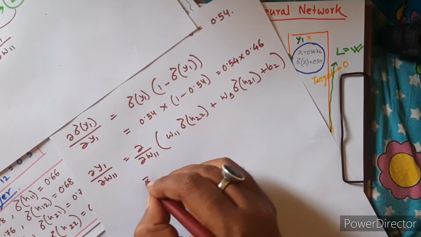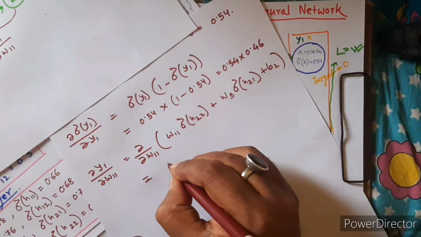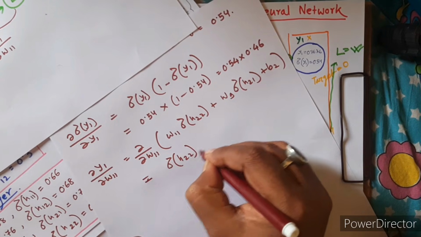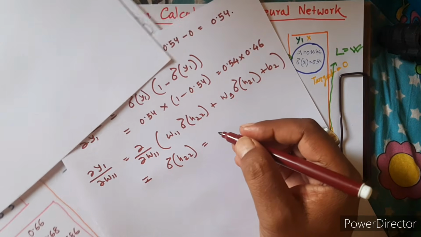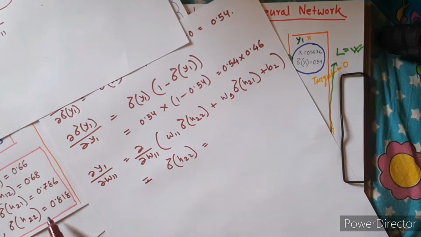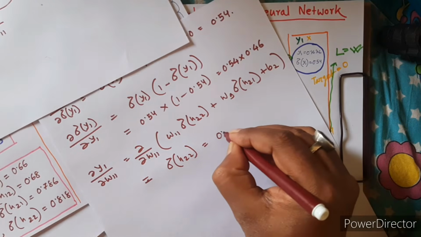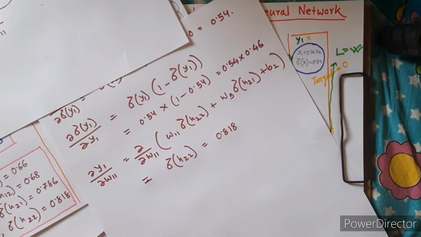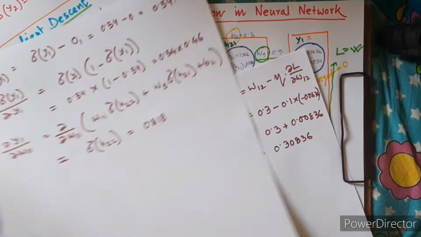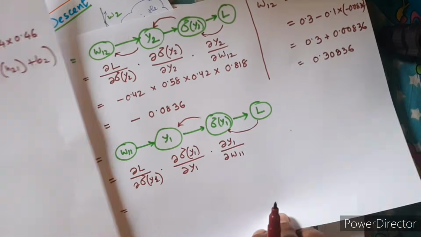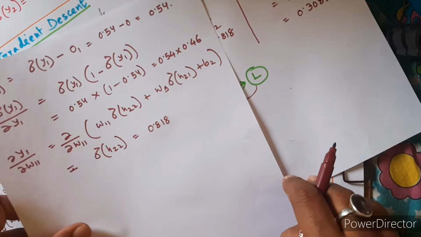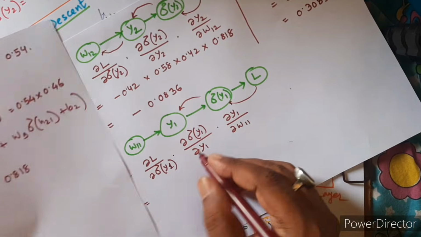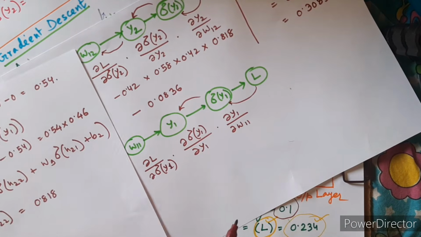Taking all the other things constant, it will be sigma of H22. What is sigma of H22? It is 0.818.